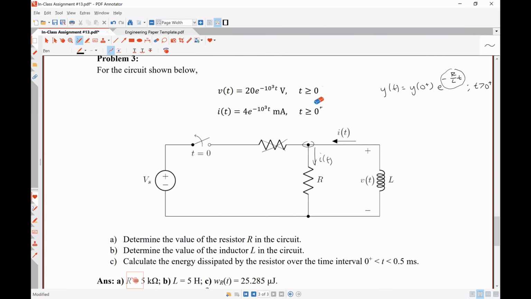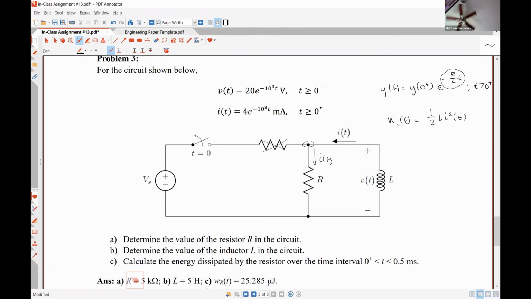So what's the equation for the energy stored by an inductor as a function of time? 1/2 times the inductance times the current squared. Yeah, 1/2 Li squared. Okay. So we know what the waveform is, so we can figure out what the energy is as well.